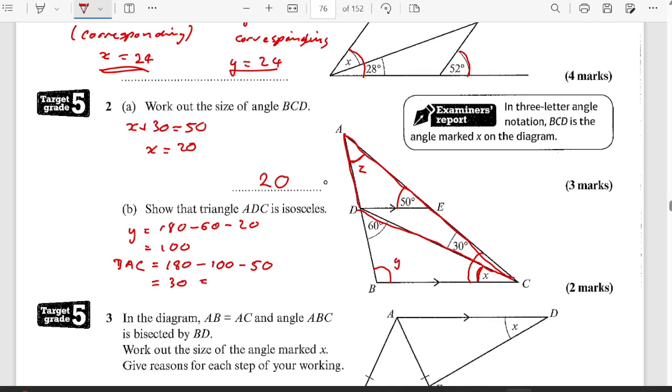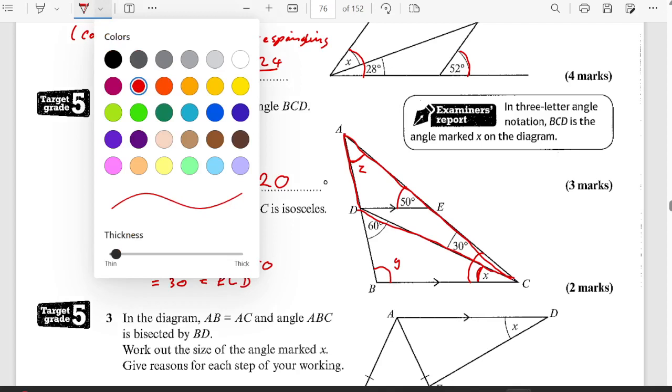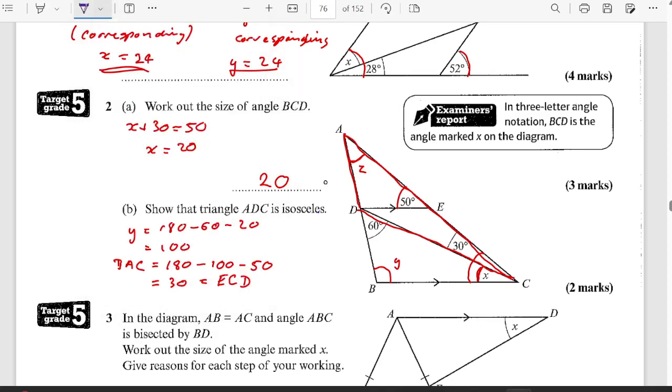I'm going to say which is equal to ECD. So essentially, let me just change colour. So I found this angle here and that this angle here are equal, which means it must be an isosceles triangle. So ABC is isosceles.